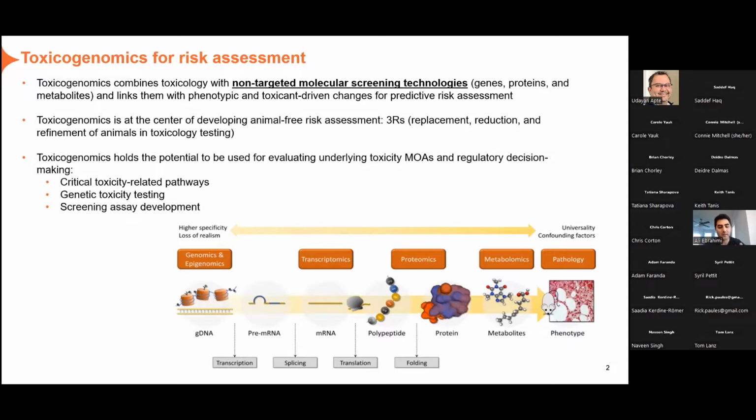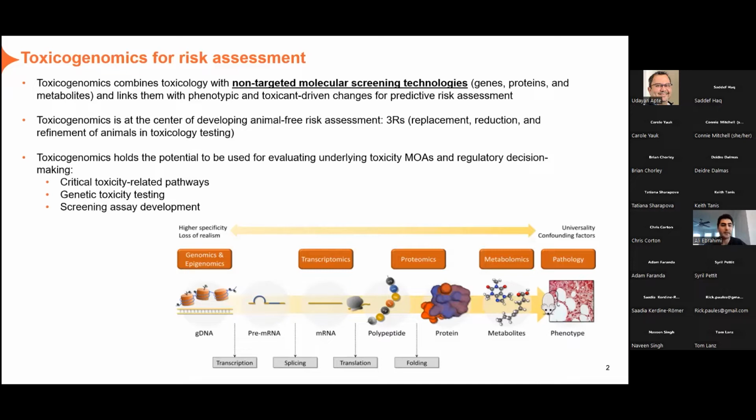And the final goal is to make sure that we can use these molecular biomarkers in order to reduce the reliance on animal testing in regulatory settings, and also reduce the time that is required for toxicology testing and studies to be completed.